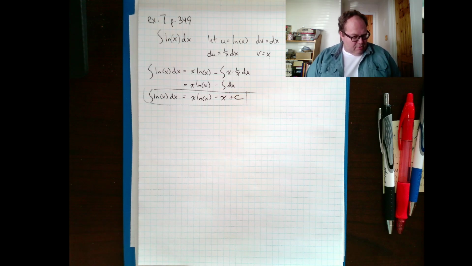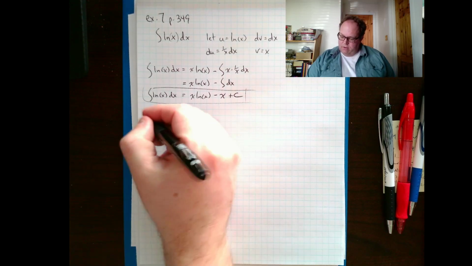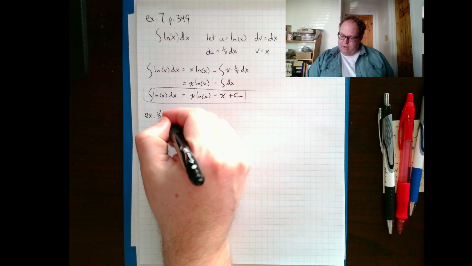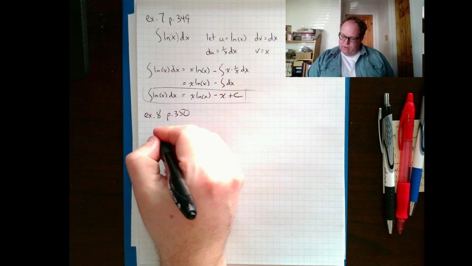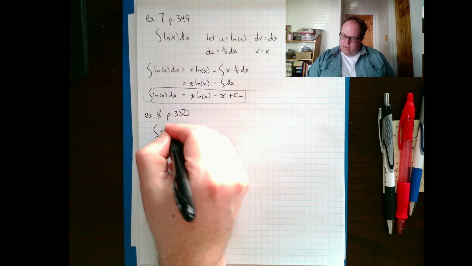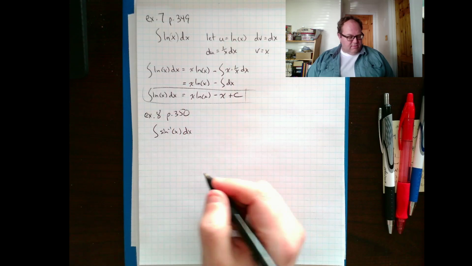My last example, which kind of combines this integration by parts with integration by substitution that we looked at before. Example 8 from page 350, where we are asked to deal with the integral of the inverse sine of x dx.